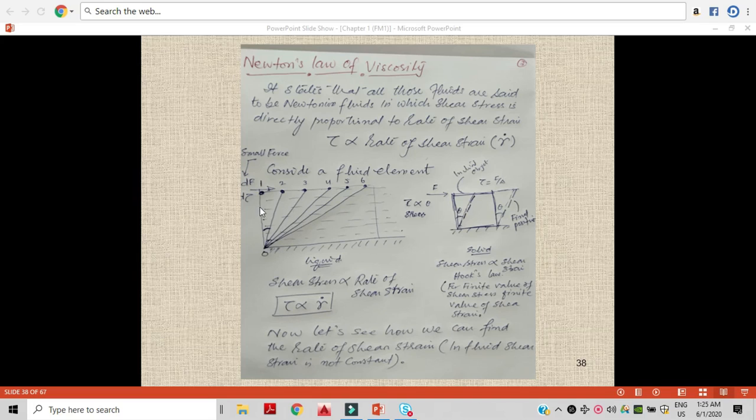So here we are considering one small particle. The particle at point 1 at a very small time t, because when we apply a force it deforms, but it's not stopping. This point 1 then moves to point 2, then to point 3, then to point 4, then to point 5. It is deforming continuously.